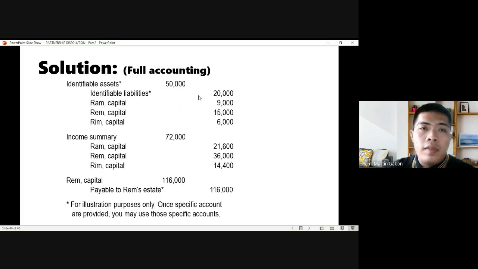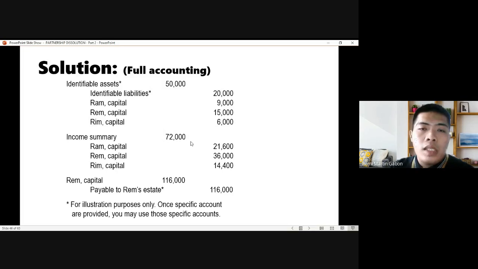Then journalize everything. Identifiable assets, full increase, 50,000. Identifiable liabilities, full increase of 20,000. Then the respective share in the net increase of 30,000: 9,000, 15,000, and 6,000 respectively to RAM, REM, and RIM. Then debit income summary for 72,000 for the full profit.